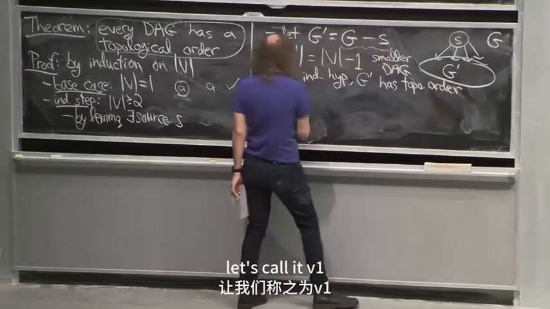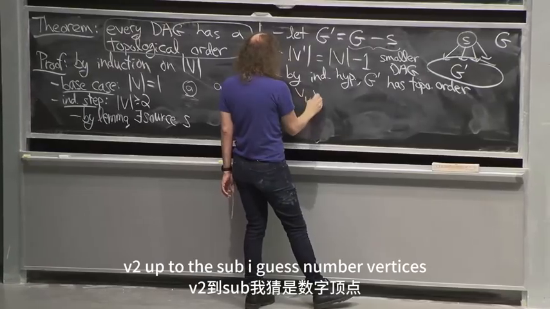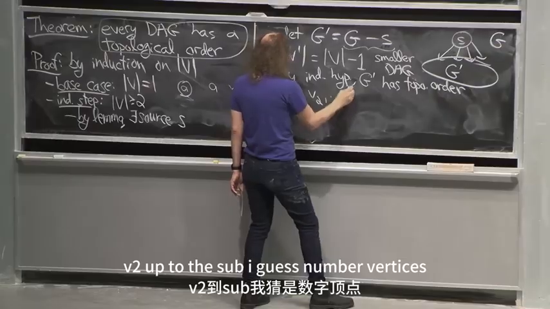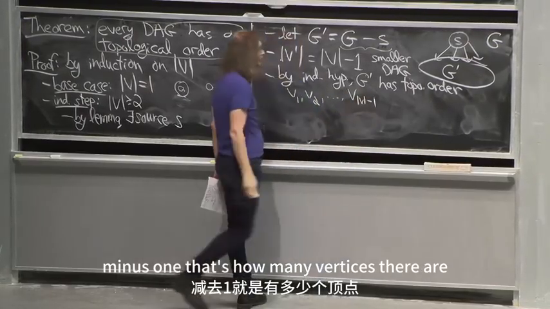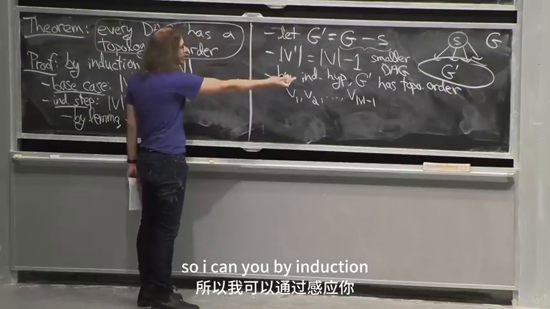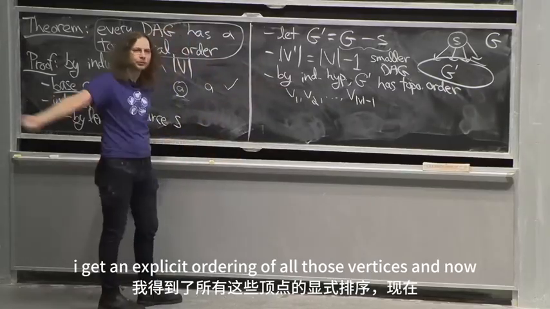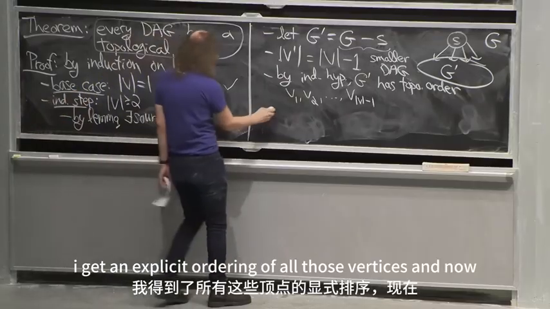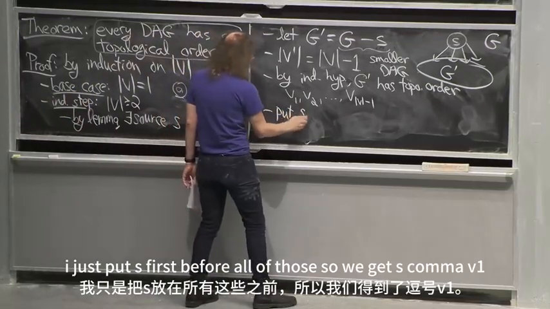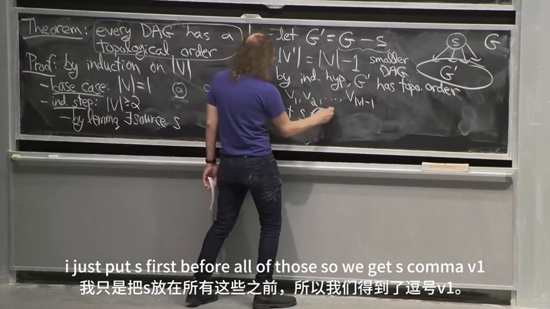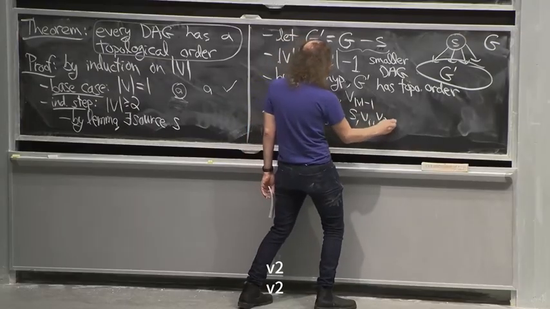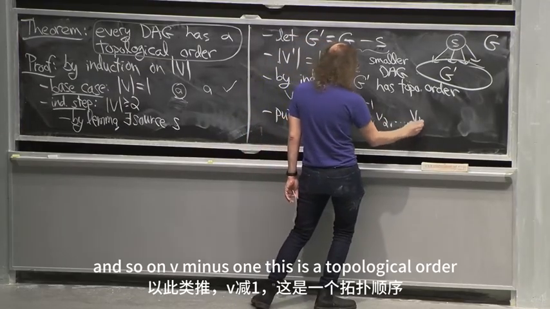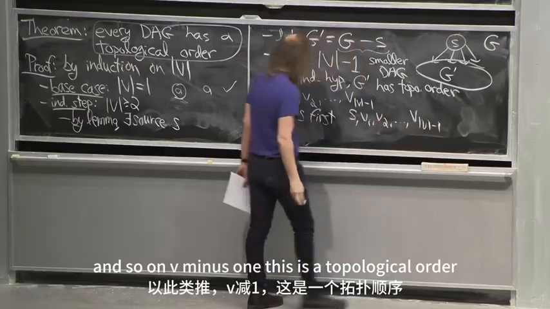Let's call it V1, V2, up to V sub, I guess, number of vertices minus 1. That's how many vertices there are. So by induction, I get an explicit ordering of all those vertices. And now I just put S first before all of those. So we get S, V1, V2, and so on, V sub V minus 1.